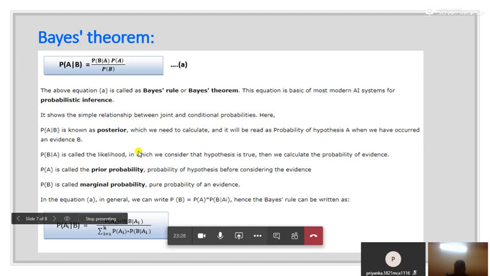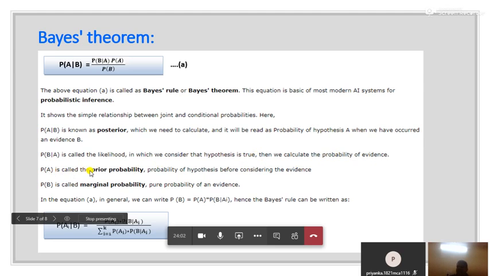P(A|B) is known as the posterior, which we need to calculate, and it is read as the probability of hypothesis A when evidence B has occurred. P(B|A) is called the likelihood, in which we consider the hypothesis is true, then we calculate the probability of the evidence.